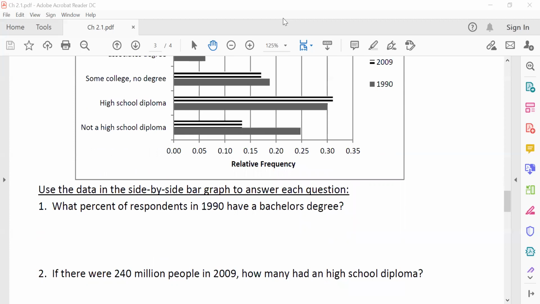So what we can write is 0.13, but that translates to 13%. So in 1990, about 13% of people who responded to this survey about their highest level of educational attainment had a bachelor's degree. So 13%. And now the problem is if I scroll, it's going to take that with me. So maybe we need to do this.